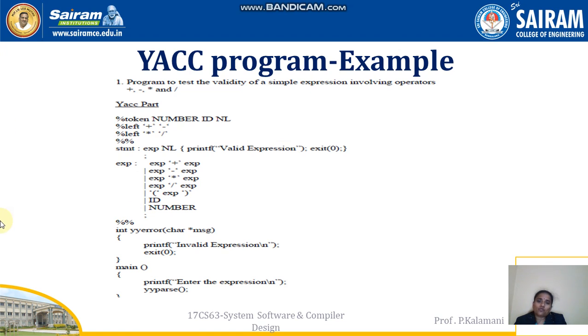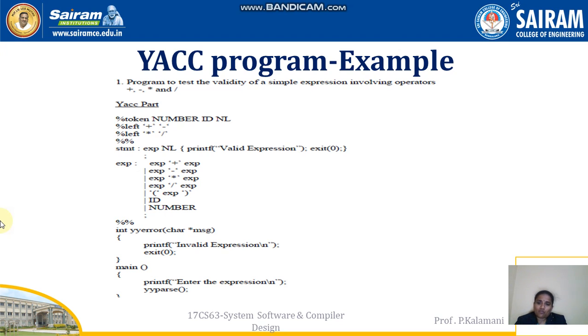Now you should know how to execute the YACC program, because the YACC program's input is tokens. Who is going to generate them? Lex is going to generate them. So the YACC setup contains a Lex part as well as a YACC part. Here first the Lex program should be written with the .l extension and compiled with the Lex compiler, and the YACC program should be written with the .y extension and compiled with the YACC compiler.